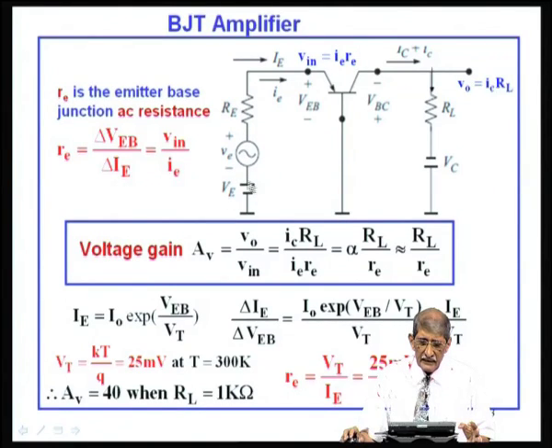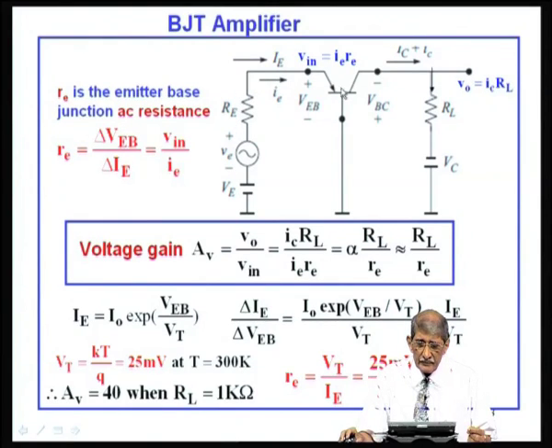The DC VE is connected to the emitter lead through a resistance RE, so that the emitter current is fixed by this loop equal to VE divided by RE approximately. Strictly speaking, it is VE minus VEB divided by RE, but VE will be large compared to VEB, because VEB is of the order of 0.65 volts. So, IE is fixed once I fix VE and RE, that is the biasing.